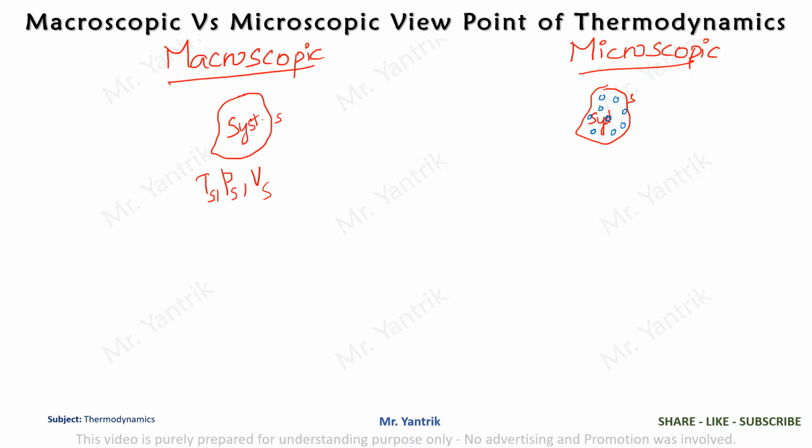Each and every molecule is given one name or one numerical value. If the pressure is to be found, P1 needs to be found, P2 needs to be found, and so on, up to P9. And finally, the average of the pressure needs to be taken in a microscopic view. The temperature is the same thing: T1, T2, up to T9, and the average temperature of these molecules needs to be taken in a microscopic view.